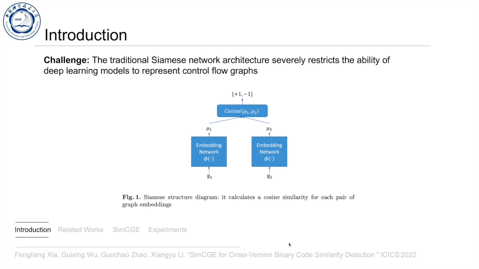For example, when two binary function pairs from different sources are very similar, it will introduce a lot of noise information to the model. Such a simple architecture cannot fully utilize the representation ability of deep learning models for graphs.